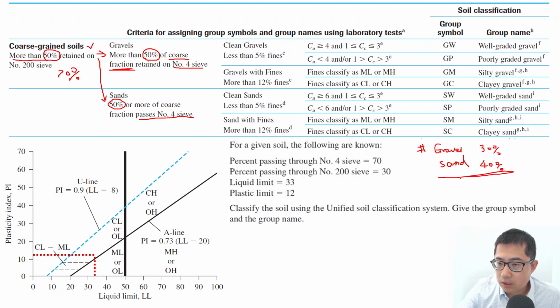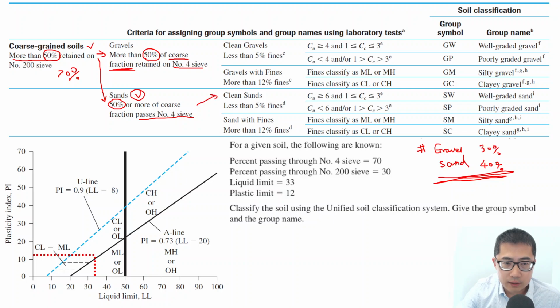And those are the coarse fraction we're talking about. And it looks like out of the coarse fraction, we have more sand than gravel. So we have the 40% out of the 70% is sand. So we actually should go down here and check this box over here. Okay. And then let's continue.